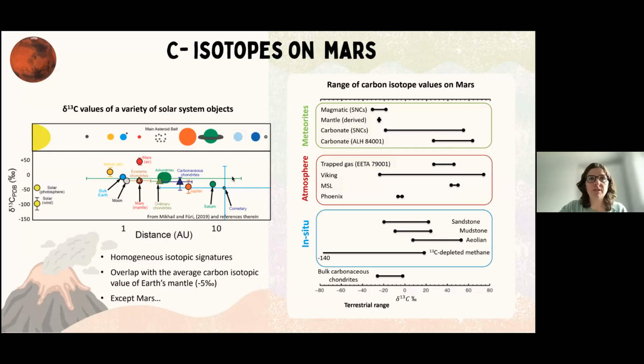So it's around this range. And this happens for most of the objects in the solar system, except the atmosphere on Mars. But you can see that it is quite shifted compared to the rest of the objects.